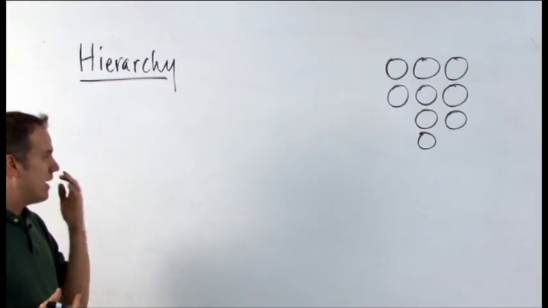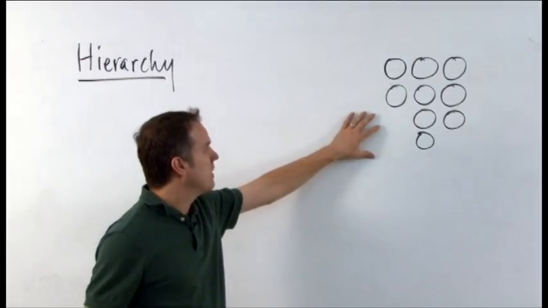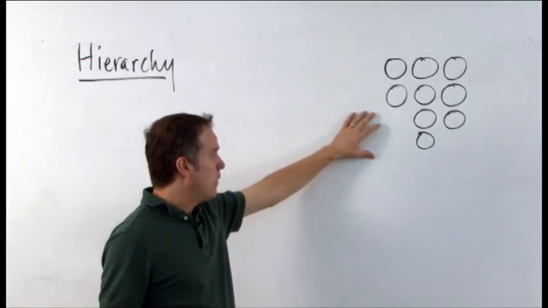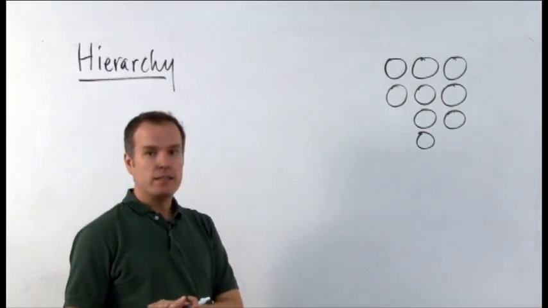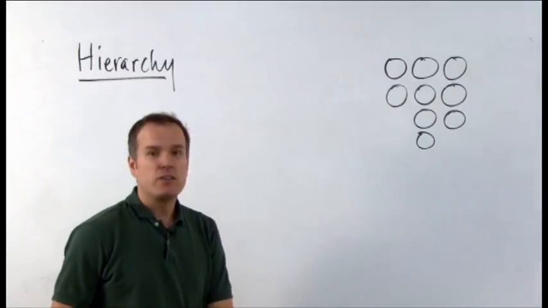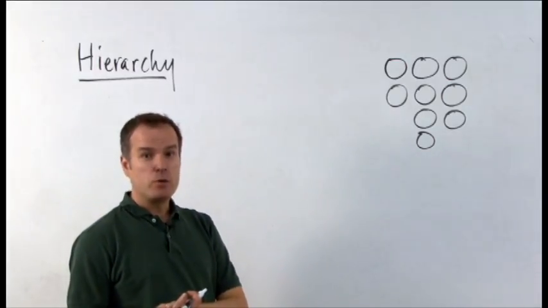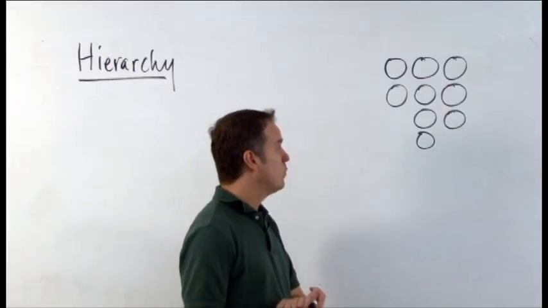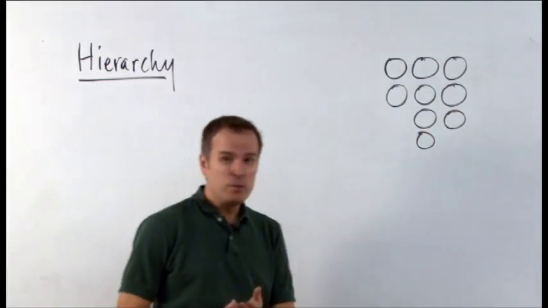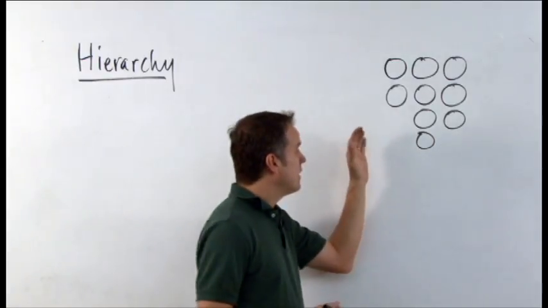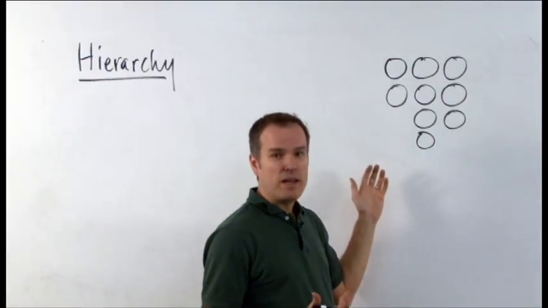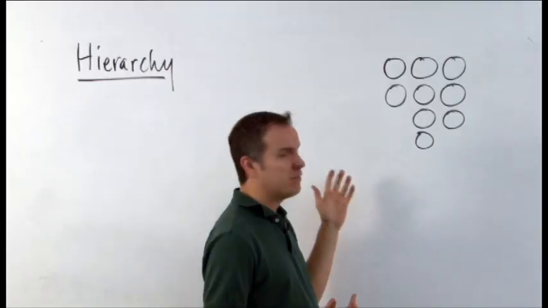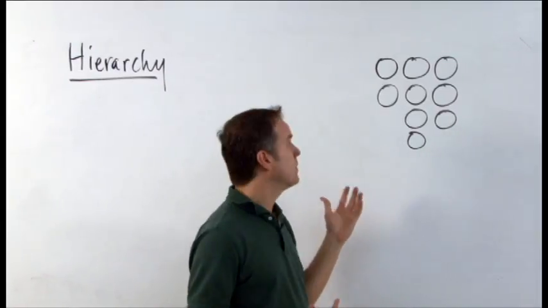If we take a random group of elements and we don't give them any sense of hierarchy, it's very difficult for our brain to process how they should be grouped. It's also very difficult for us to see where to start. Now, we have a little bit of help because in the West, at least, we have a natural tendency to read from left to right and also from top to bottom.